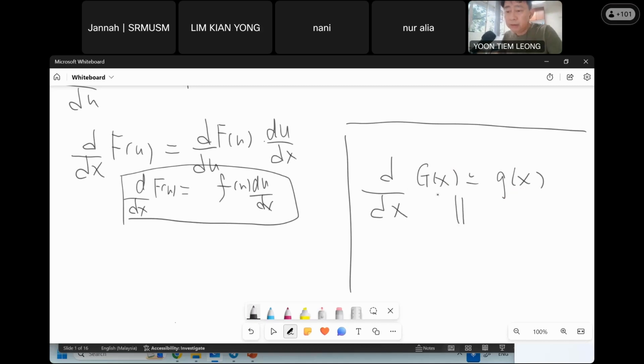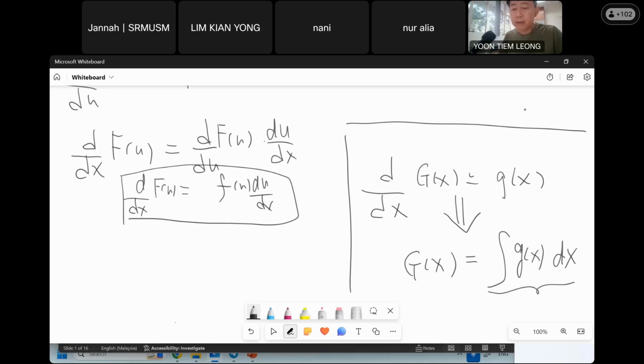Then what you can say is that these relationships can equally be written in the form of an integral: you have the integral symbol, then you place the small function g inside, which represents the antiderivative of the small function g, and the antiderivative of the small function g is just the function G of x.